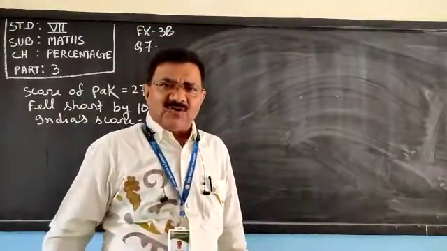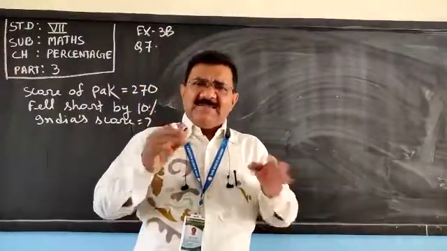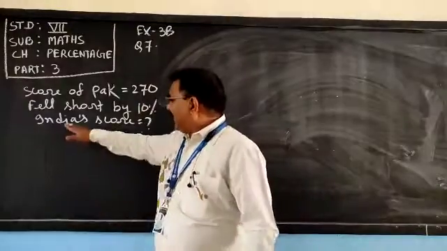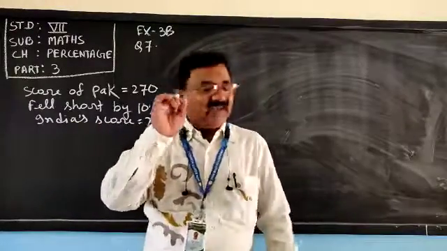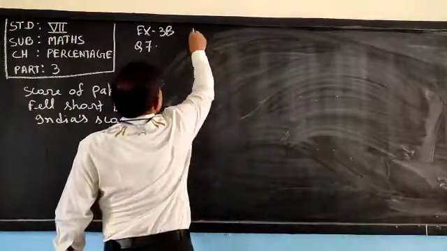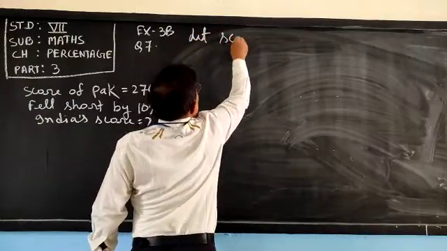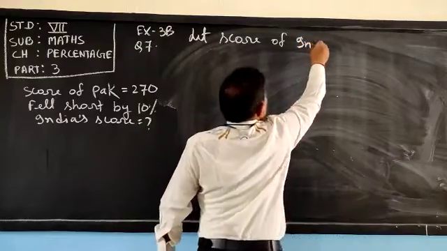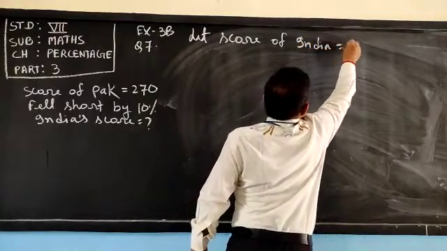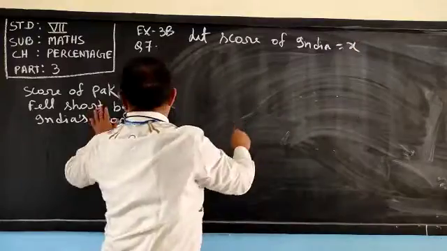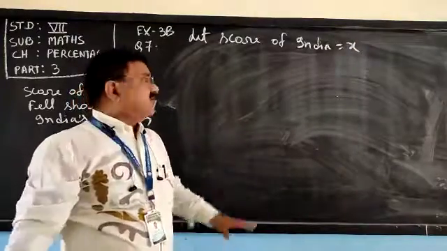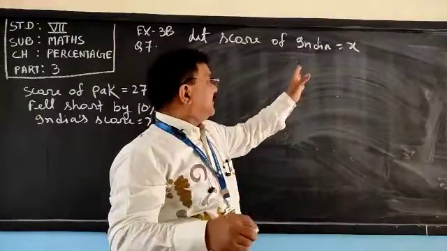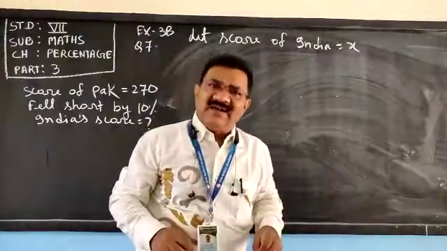Now, our question is, what will be the score of India? Dear children, what I have told, in mathematics, if you do not know something, take it as X. So take India's score as X. Let the score of India be X. And 10% less than this score is 270.